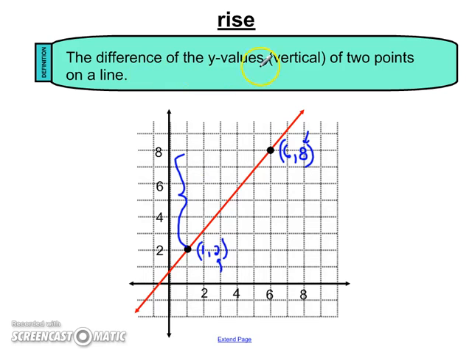So the difference of those values, 8 minus 2, is 6. Now, if we count this up, 1, 2, 3, 4, 5, 6, you'll notice that the vertical distance from this point to the next point, again, up and down, is 6. Okay, that is your rise. To get from this point to that point vertically, up and down, is a change of 6. So the rise is that vertical distance from one point to another.